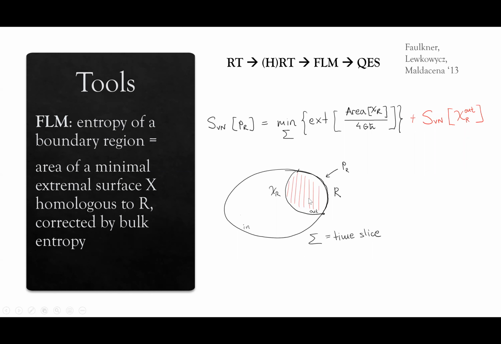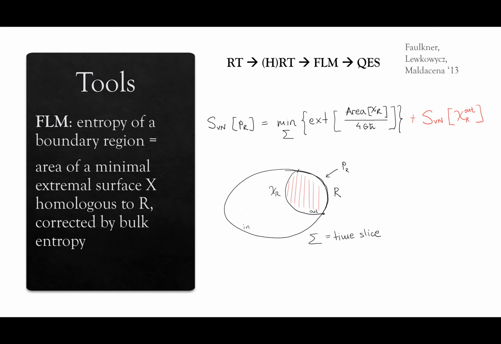These red lines here are representing the von Neumann entropy of all the bulk fields in that region. So this is just the first order correction to this previous proposal. And we can see that the area is still getting extremized and then minimized, and we're just adding the bulk correction.